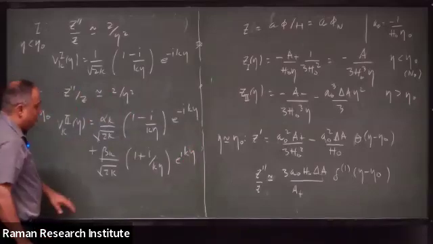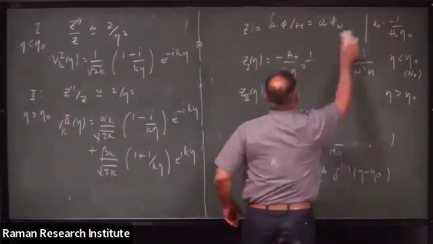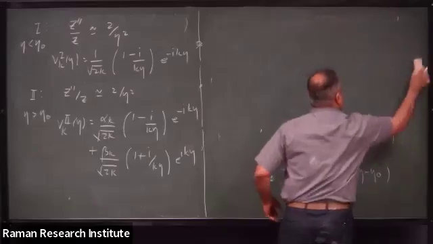Okay, and because I have this delta function at eta naught, I determine alpha and beta through the following relations.